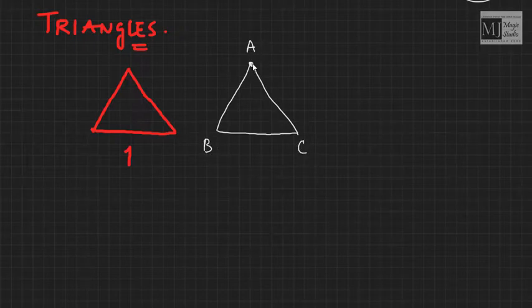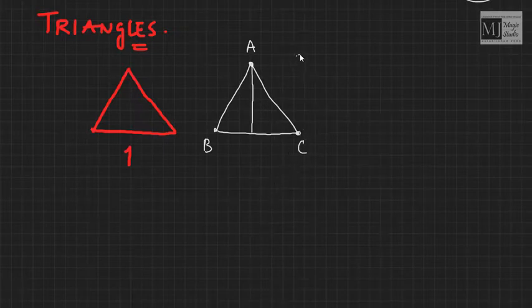From one of the vertices, I am dropping a line on the side which is just opposite to the vertex. These corners are known as vertices, or vertex in the singular. So from one of the vertices, I have dropped a line on the base. Clear? Now how many triangles can you see?